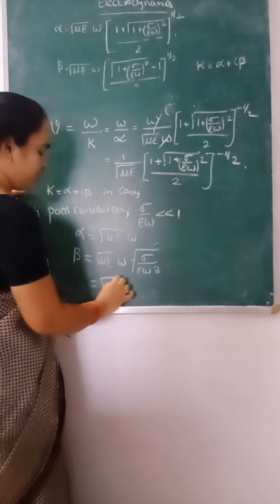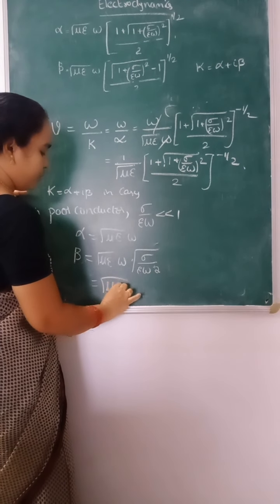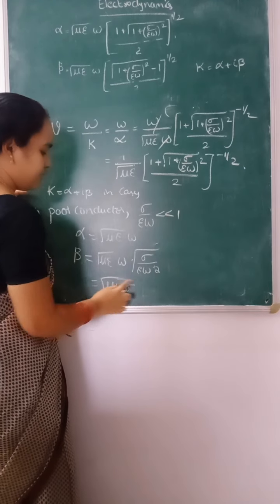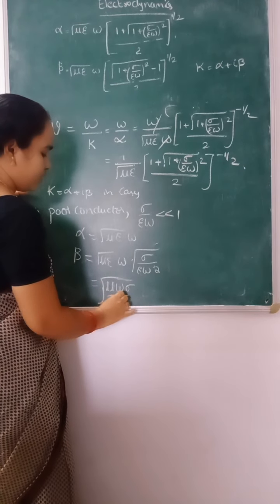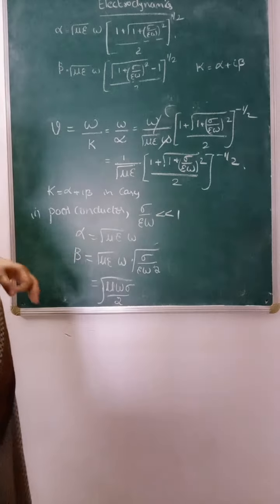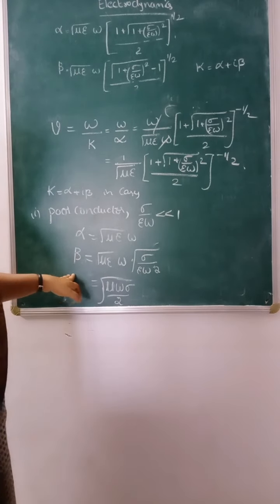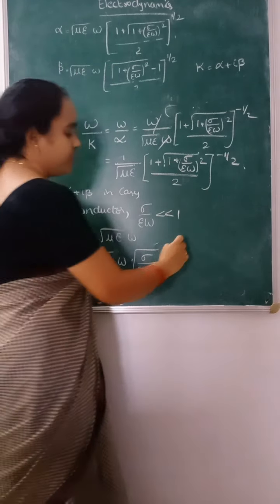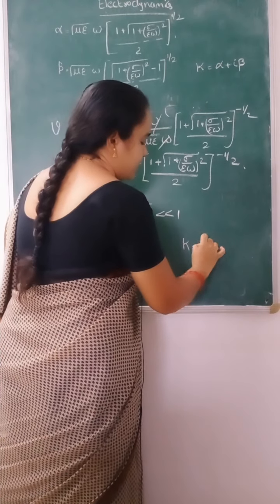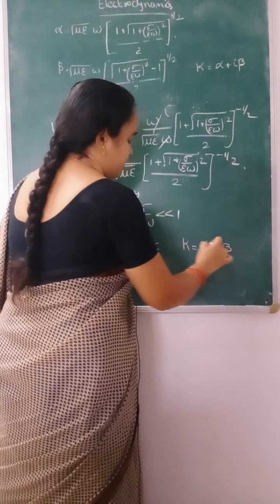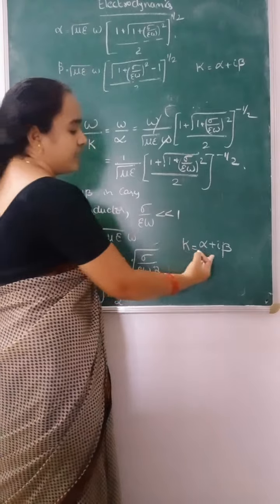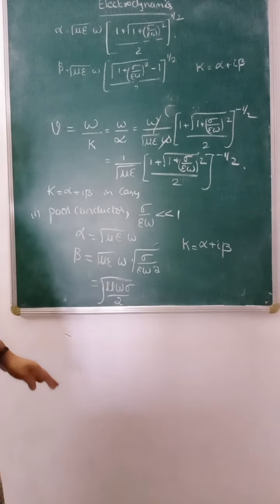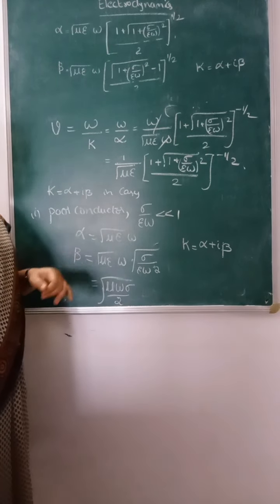So this is root of mu omega sigma by 2. So for the poor conductor, alpha and beta values are like this. Then we will calculate what is K. K is alpha plus i beta. So substitute this alpha and beta in these values, we will get the poor conductor propagation vector.